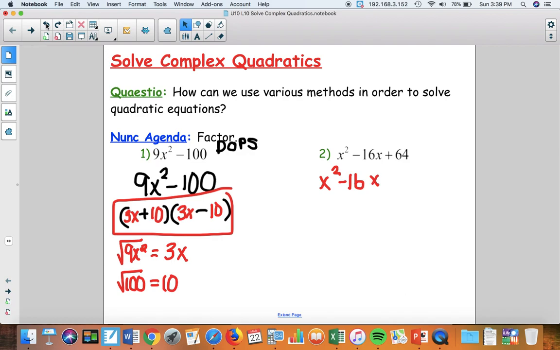minus 16x plus 64. So for this problem, we have three terms and we have no number in front of the x squared, which means we are using trinomial. So to use the trinomial method, you have to set up your two sets of parentheses.